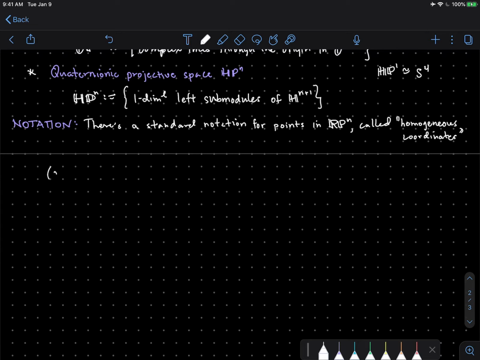So if we have a point x0 up through xn in R to the n plus 1, this will give us a homogeneous coordinate written x0 colon to xn in square brackets. And so this is just defined to be the equivalence class of that point.